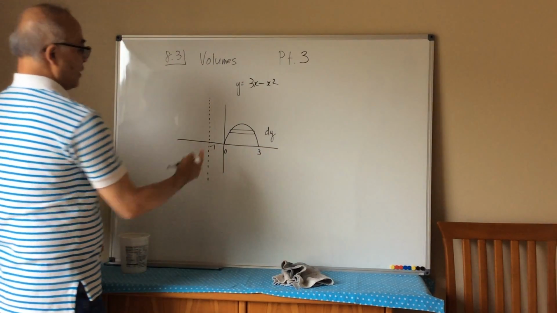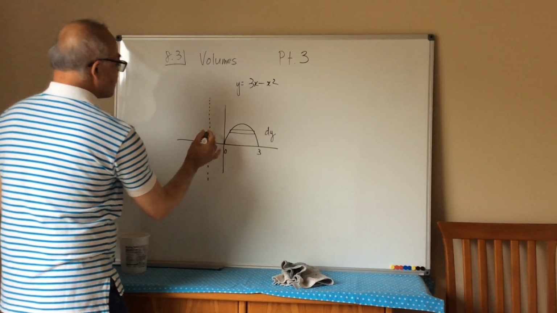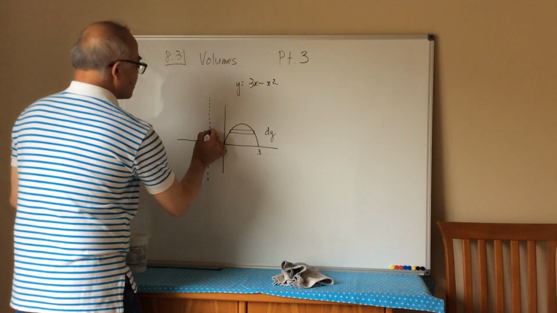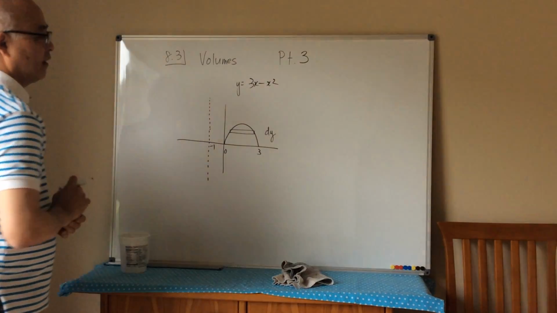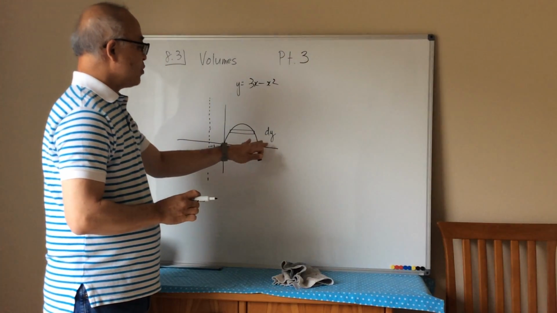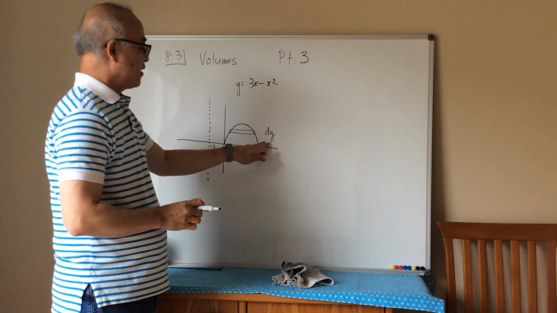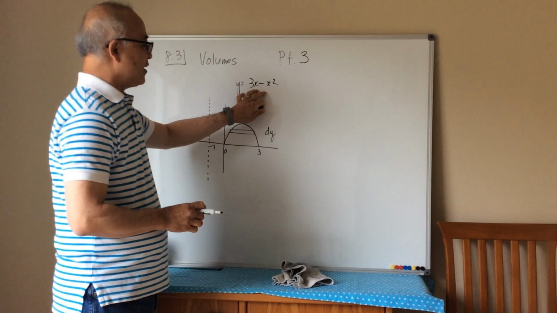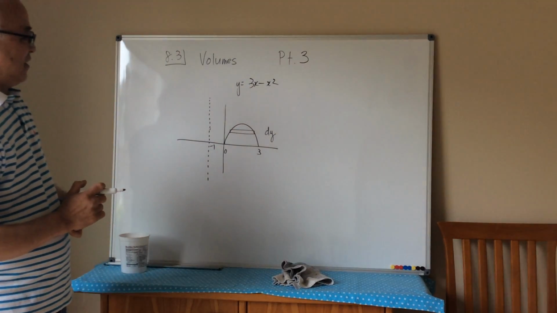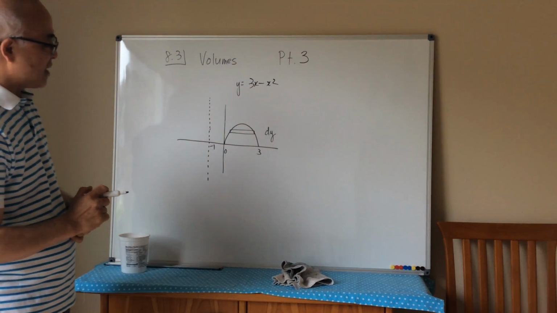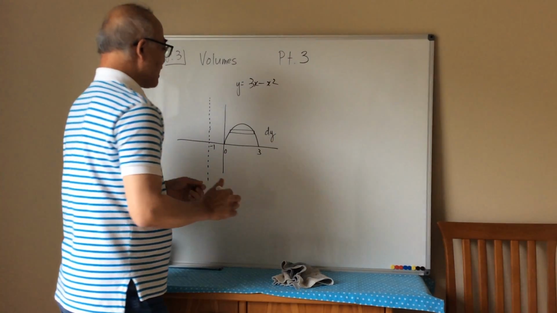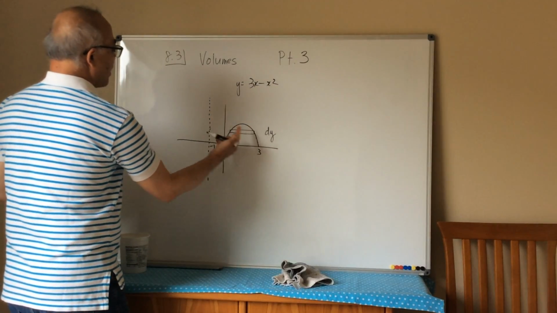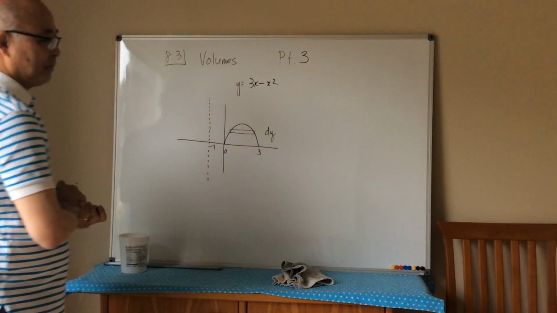You turn it around, so the outer radius would be from here to here, and the inner radius from here to here. The problem is that we have to put this into x's, because it's in y. That's going to be pretty tough, and it changes as it goes, so it becomes quite complicated.